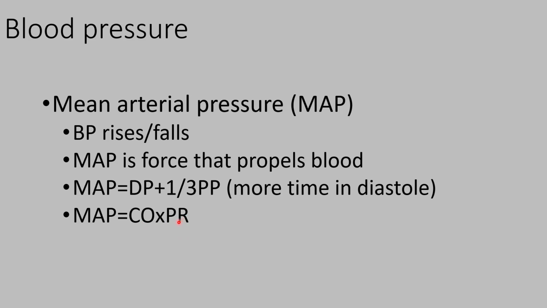But how can that be? MAP is equal to cardiac output times peripheral resistance. Well, the reason that can be is because MAP is blood pressure. They are the same thing. It's just when we talk about blood pressure, we have two numbers, systolic and diastolic. MAP, we average them and get a single number. But they are the same thing.